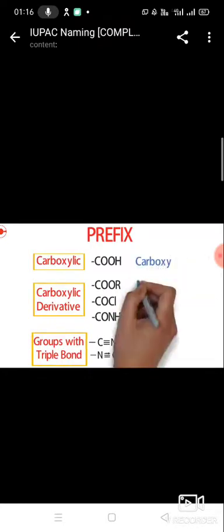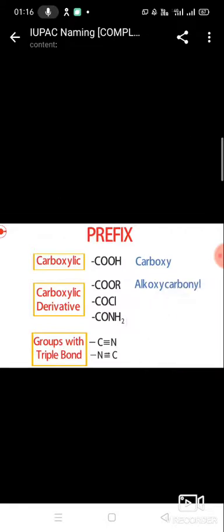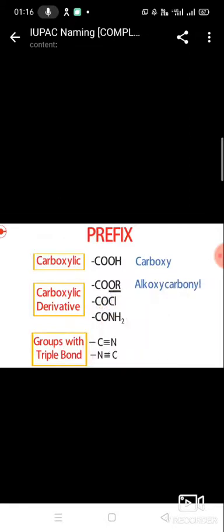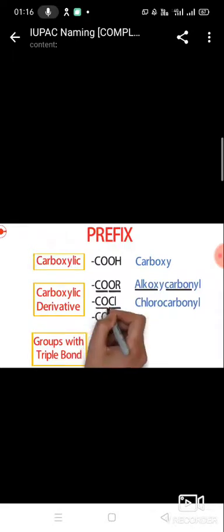Carboxylic acid, we will write carboxy. A carboxylic derivative means alkoxycarbonyl. Next, chlorocarbonyl. The CO group is a carbonyl group.